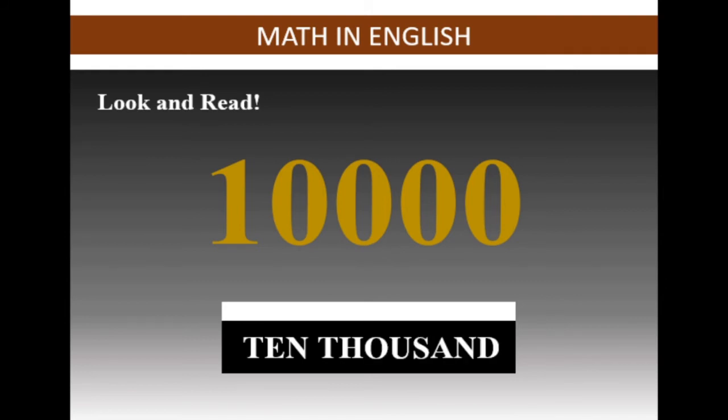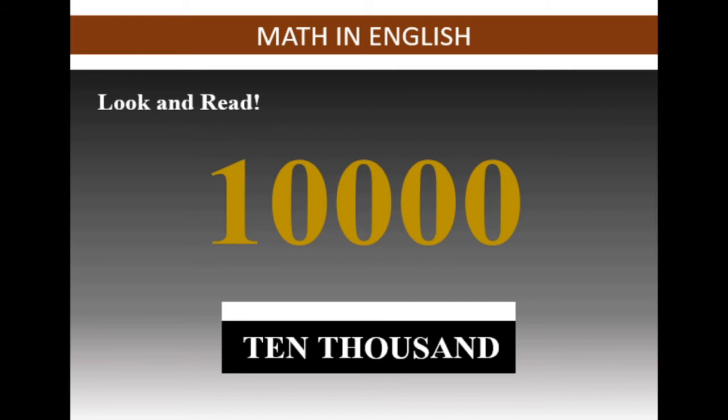Listen carefully to teacher. 10,000. Very good. Say it alone this time. What number is this? Great job. So, those were the numbers beginning with 10 and counting by tens.